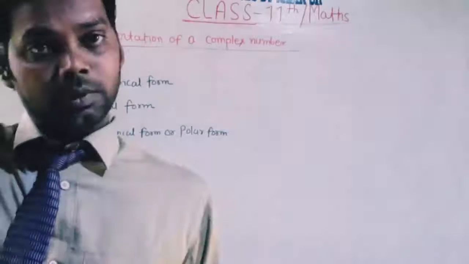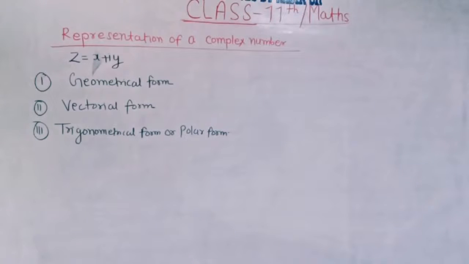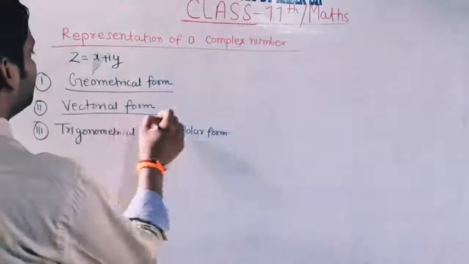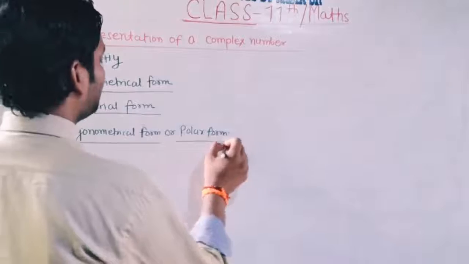Okay, the complex number is represented in the following three forms: geometrical, vectorial and trigonometrical or polar form.